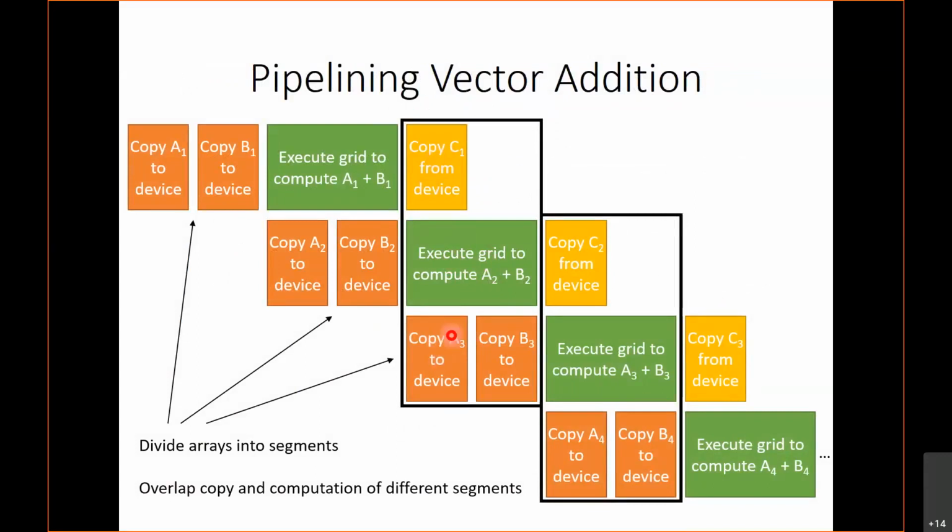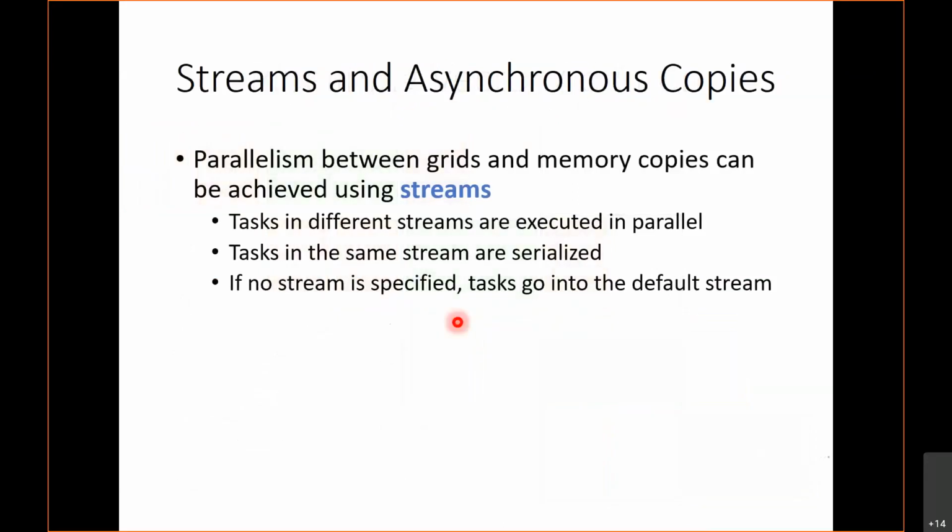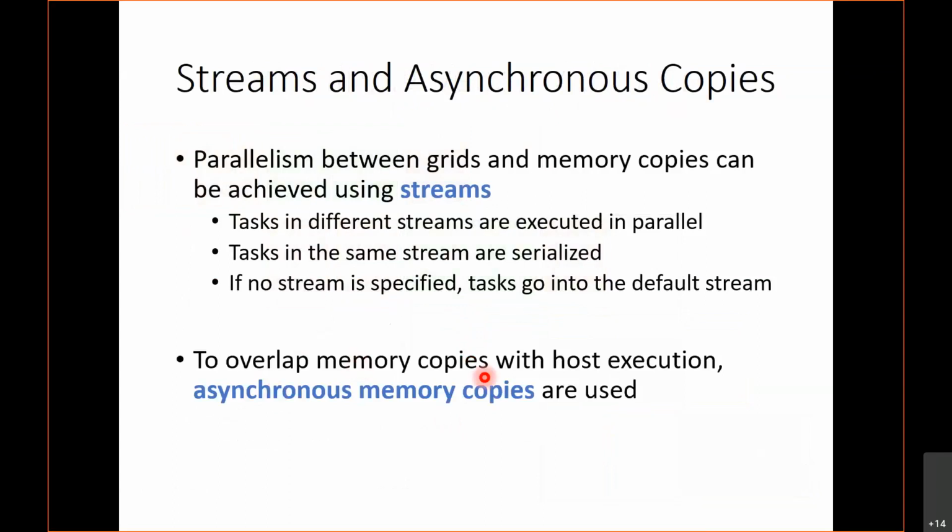So to put them in different streams, we're also going to need asynchronous mem copies. To be able to overlap mem copies with the host execution, we're going to need to use asynchronous mem copies, because by default, the CUDA mem copy is not asynchronous.